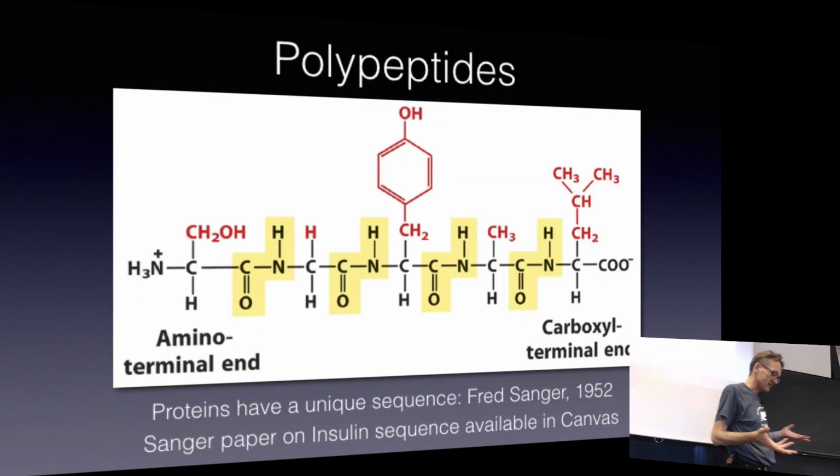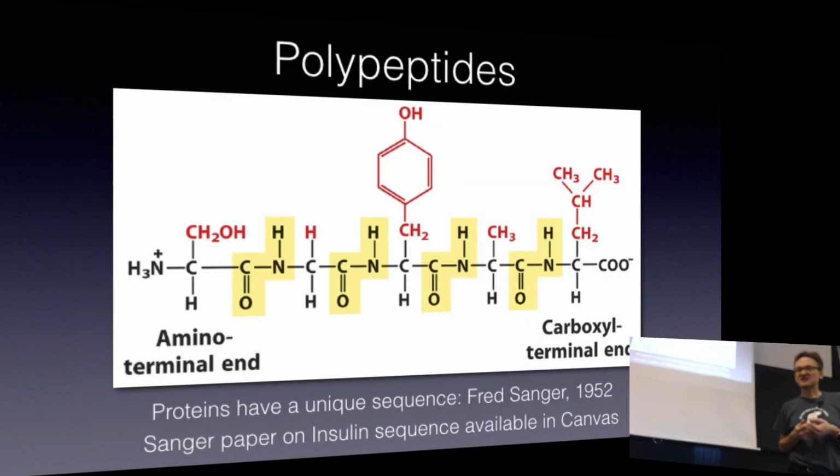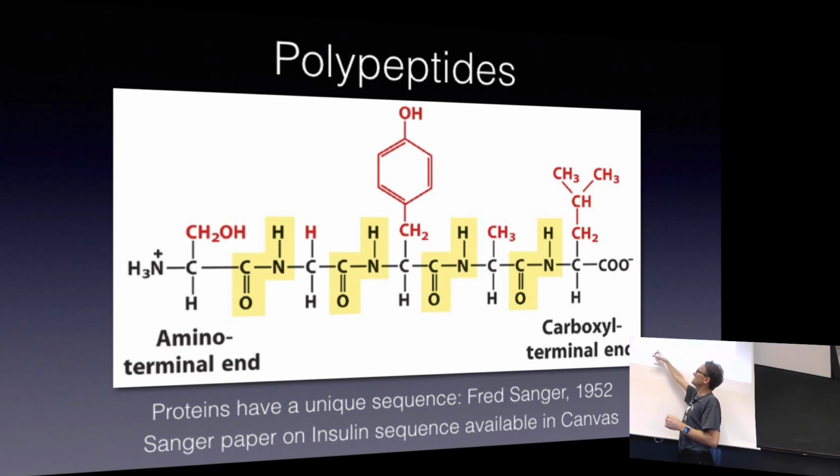And polypeptide, I spoke about amino acids. There are lots of different names here, and some of these things will just slip out of my mouth. A peptide string is just a sequence of amino acids. And the reason why I call it a polypeptide, I'm going to come back to this, is that these amino acids polymerize through something called peptide bonds.